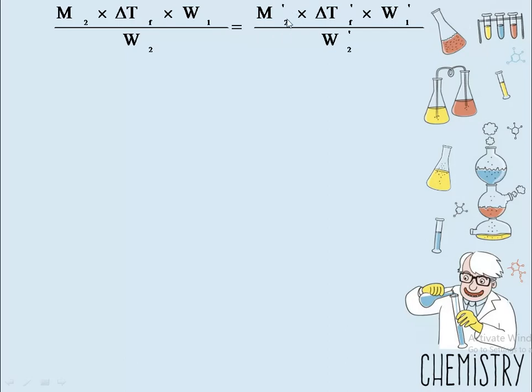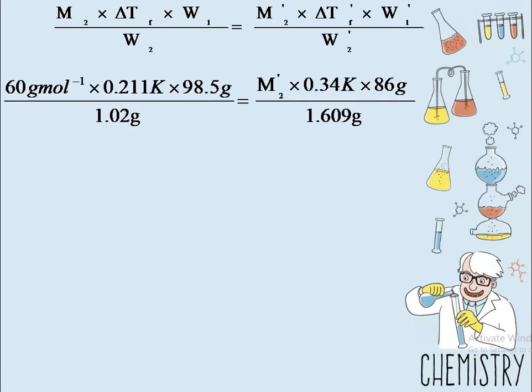We have to find the molar mass of the unknown compound, so let's put in the values which are given. Molar mass of urea is 60. Depression in freezing point for urea is 0.211.